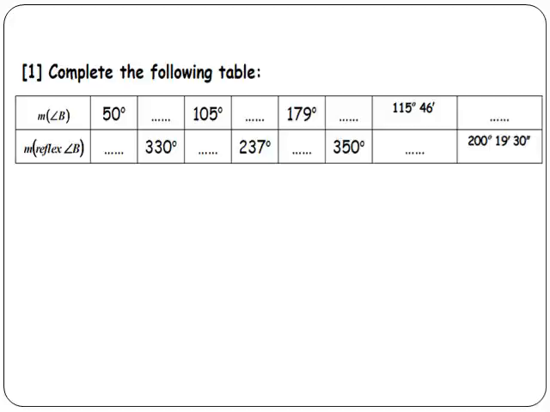It's more than 180 and less than 360. So if you want the reflex angle, I do minus. Minus what? I say 360 minus 50. Put it in the calculator, it's equal to 310.